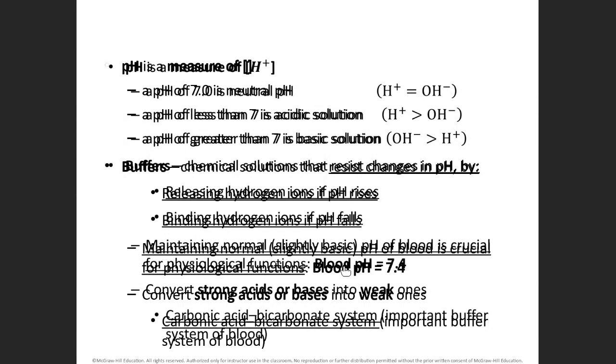You don't have carbs and you've broken down protein. So when fat is broken down really rapidly, you get structures called ketone bodies. And ketone bodies are very acidic.